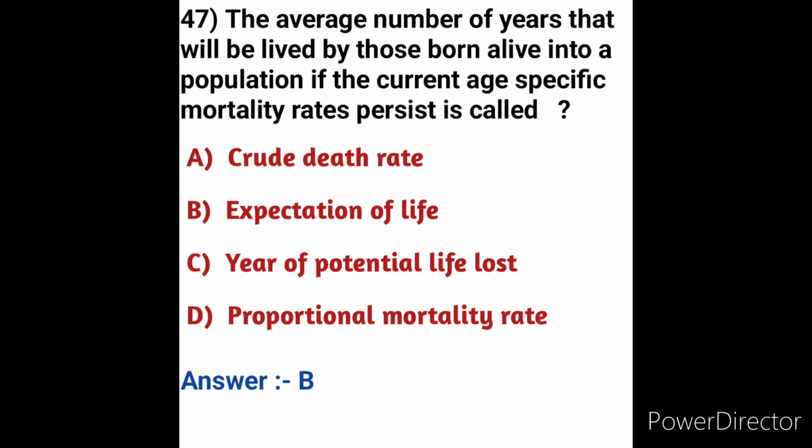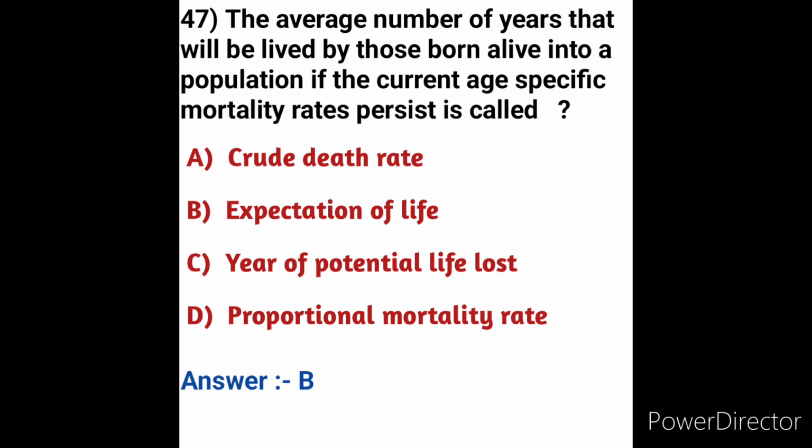What is the meaning of expectation of life? In a word, we can say it is the average lifespan of an individual. So the term life expectation refers to the number of years a person can expect to live.